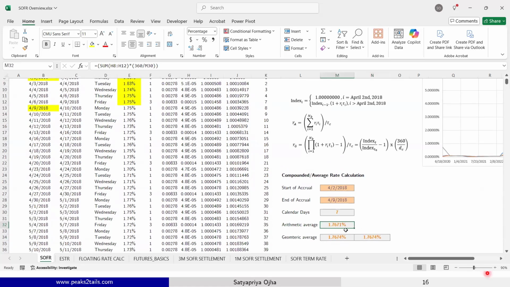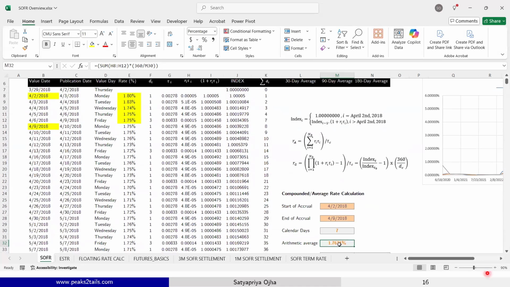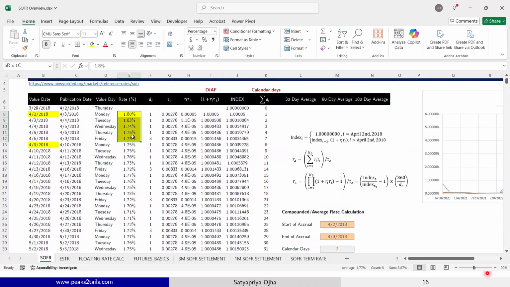You can also calculate the arithmetic average. The arithmetic average is even easier. You just do a simple average of 7 different rates. The only thing is, we only have 5 rates. How do we calculate 7 different rates? Well, the Friday rate will continue. So we have 1, 2, 3, 4, 5, then for Saturday and Sunday also, we continue that 1.75% and then take a grand average.